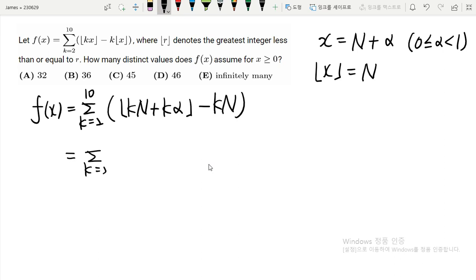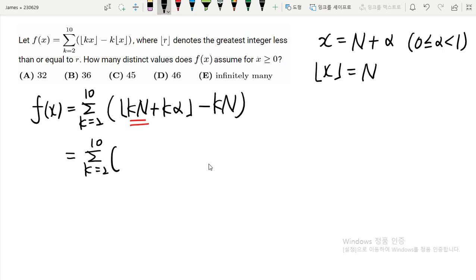An important property in this is, because k is an integer and n is also an integer, k times n is also an integer. So when there is an integer in the floor function, we can take the integer just out of the floor function.